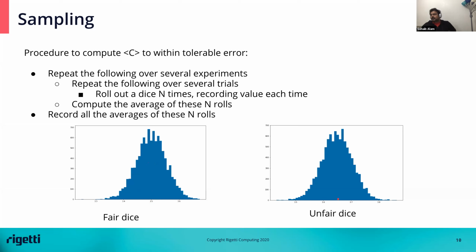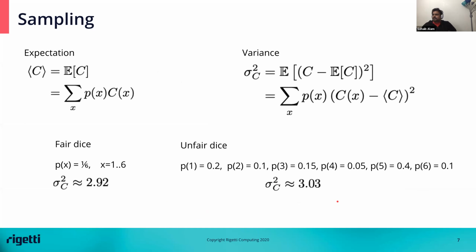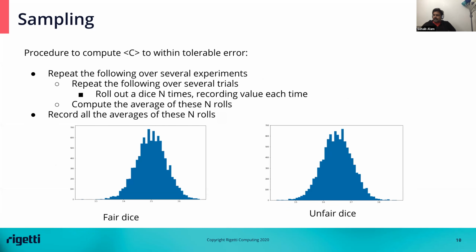And in the case of the unfair dice, it's centered around its average value, which we computed to be something like 3.6 to 3.65. That's not a coincidence. There's a theorem called the central limit theorem that says that both of these graphs should look bell-shaped, more specifically like a Gaussian curve, as the number of trials and experiments goes to very large numbers.